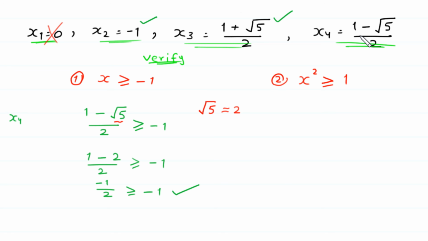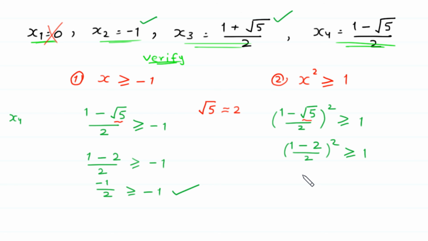Now we put this value of x4, (1 minus square root of 5) over 2, in the second inequality. The value of x4, (1 minus square root of 5) over 2, whole squared is greater than or equal to 1. And because the square root of 5 is approximately equal to 2, we replace it with 2. (1 minus 2) over 2, whole squared, is greater than or equal to 1.